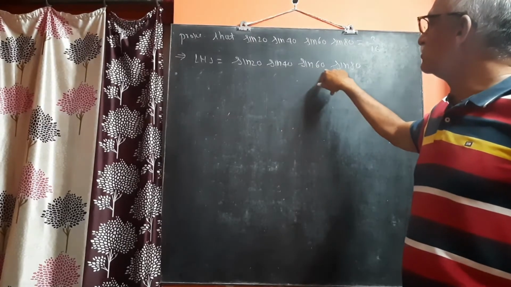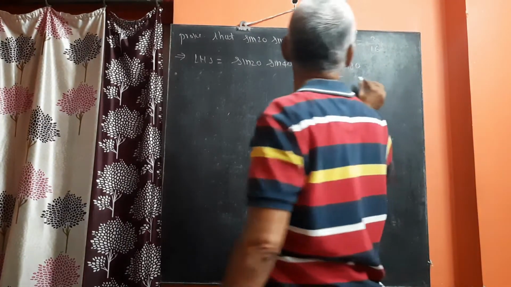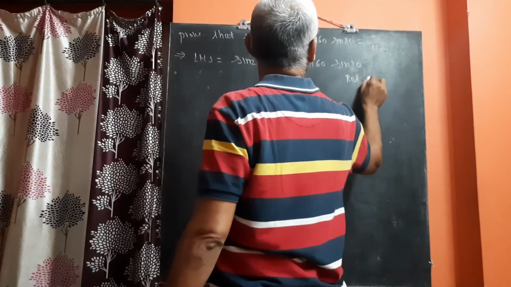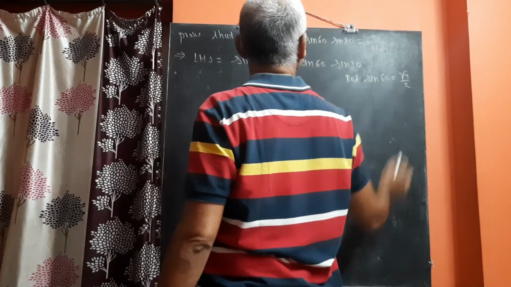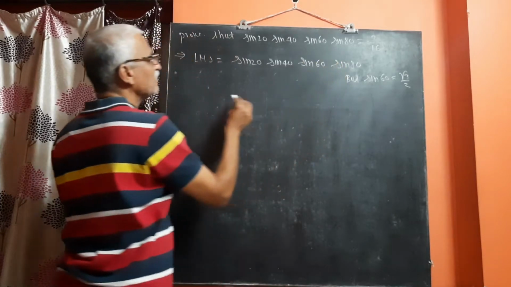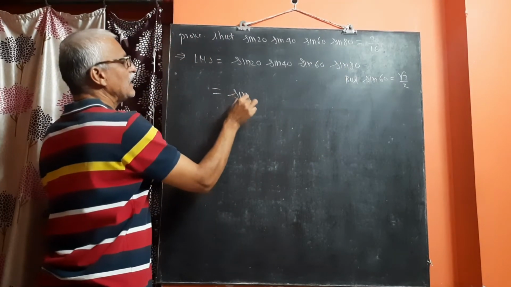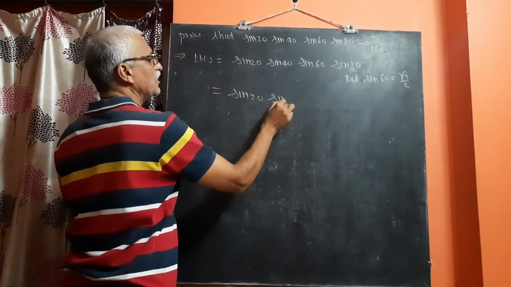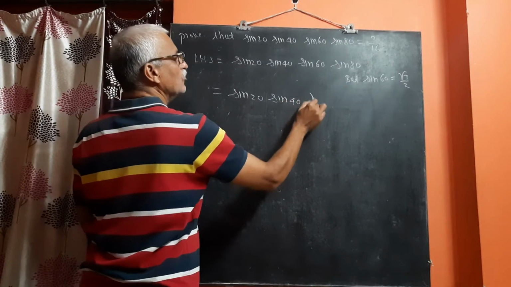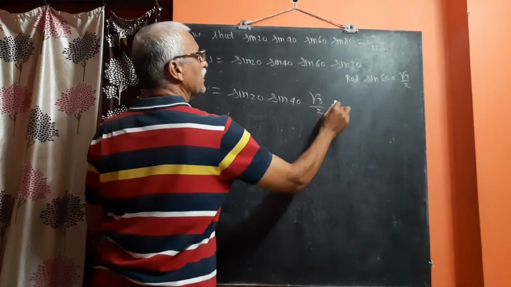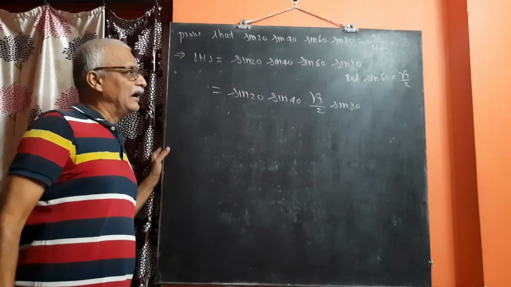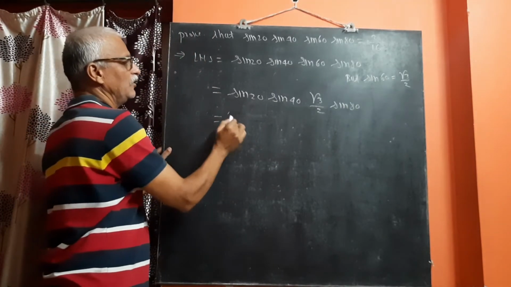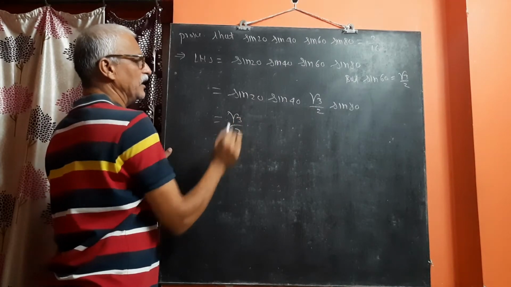Sin 60 is equals to root 3 by 2. So substituting that value here, we get sin 20, sin 40, root 3 by 2 into sin 80.